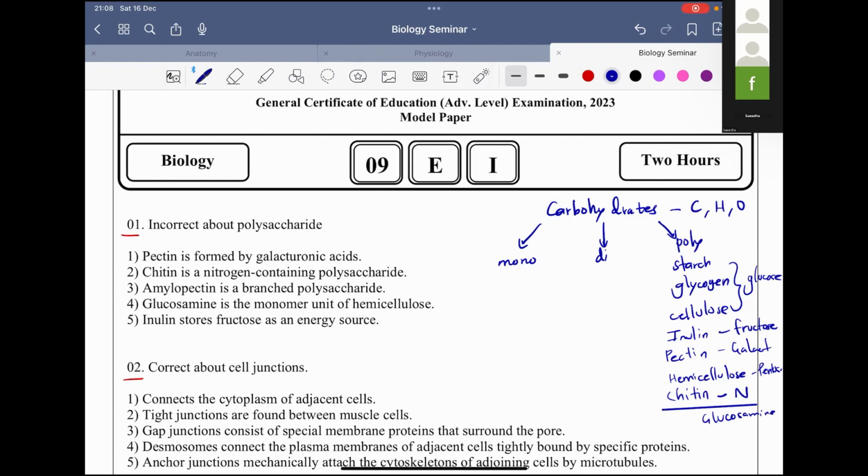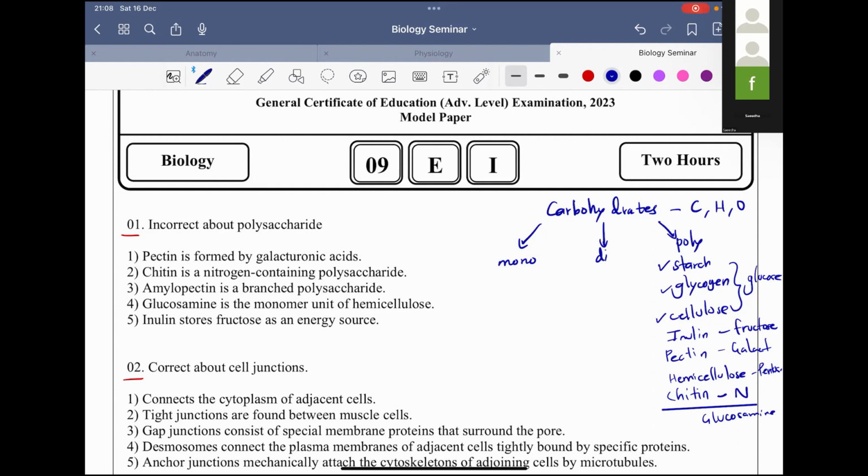Let's see quickly. Starch is stored in plants. Glycogen is stored in animals and fungi. Cellulose is a component of the cell wall, in the primary cell wall. Inulin is a storage of fructose in the tubers of Dahlia.